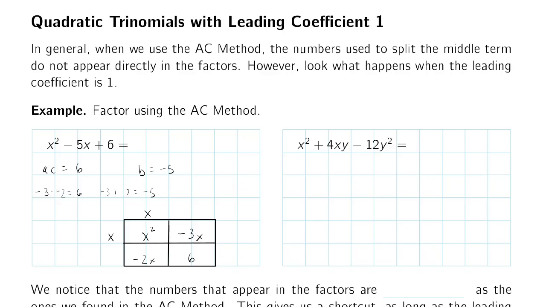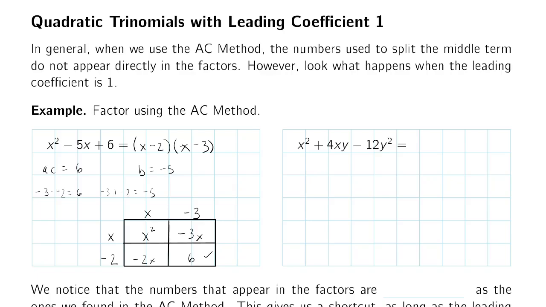I need an x in the first column, a negative 3 in the second, and then I need a negative 2 in the second row. Negative 2 times negative 3 really is positive 6. Here, this factors as x minus 2 times x minus 3.